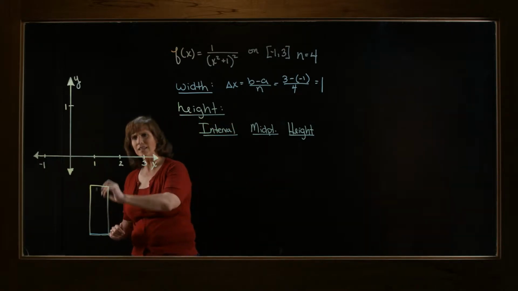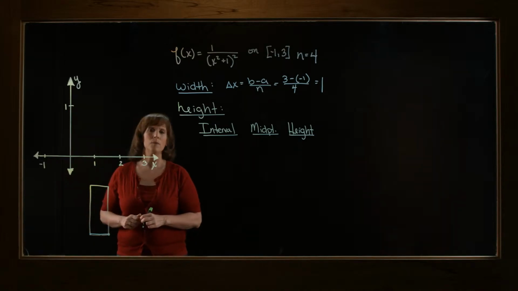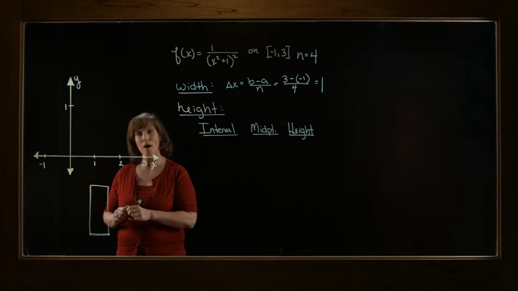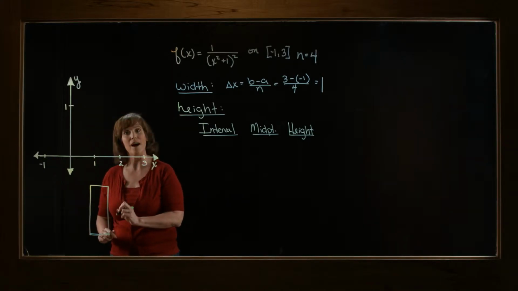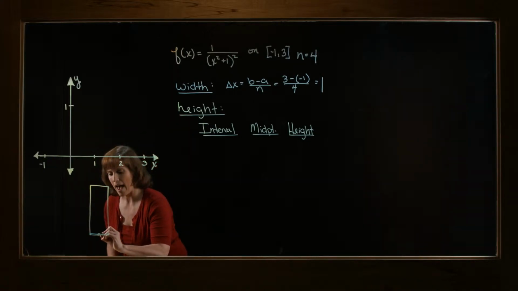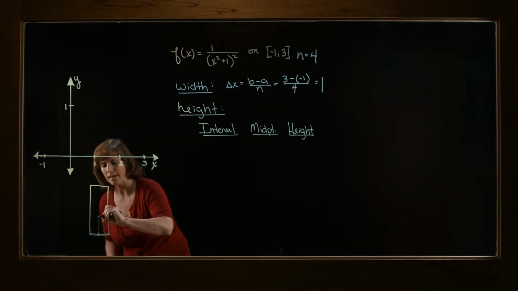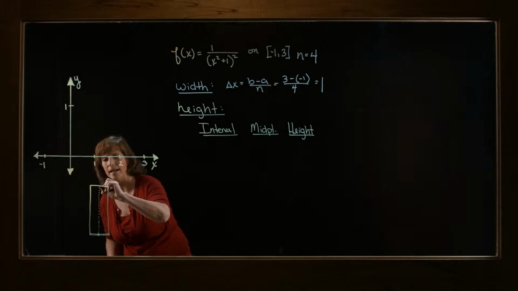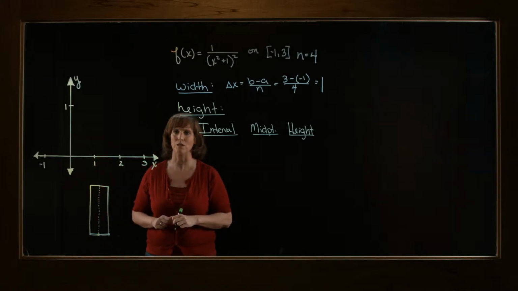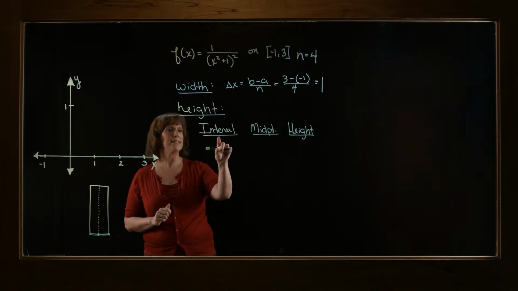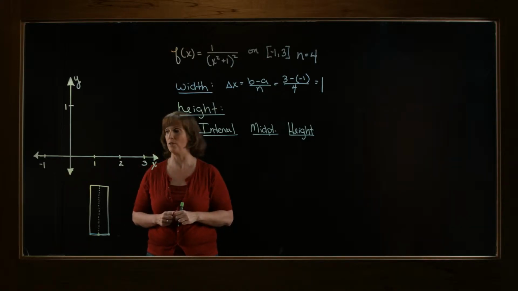Well, I can choose a height in a variety of ways, but in this case, I'm using the midpoint rule. So what we want to do is look at our rectangle and find the midpoint, and then plug that value into my function and say that is going to be the height that I'm going to use for my rectangle. All right, so let's go ahead and take a look at the various intervals that I'll be using.